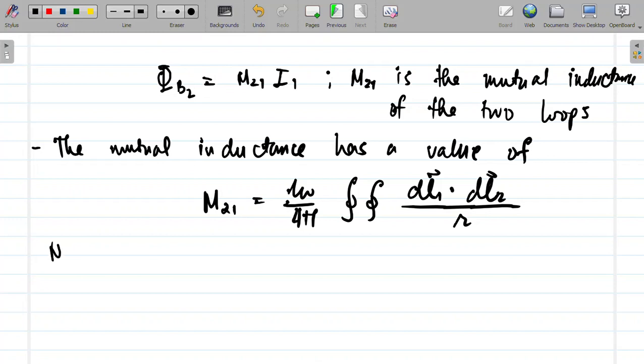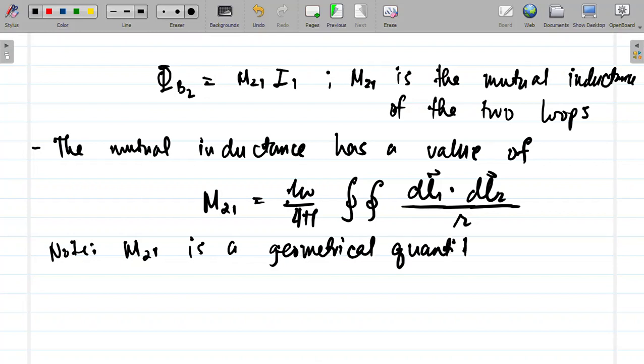So, let's note that M21 is purely a geometrical quantity. Hindi siya dependent sa current, hindi siya dependent sa charges, depende lang siya sa geometry ng wires natin, yung dl1 and dl2. And also, M21 equals M12.